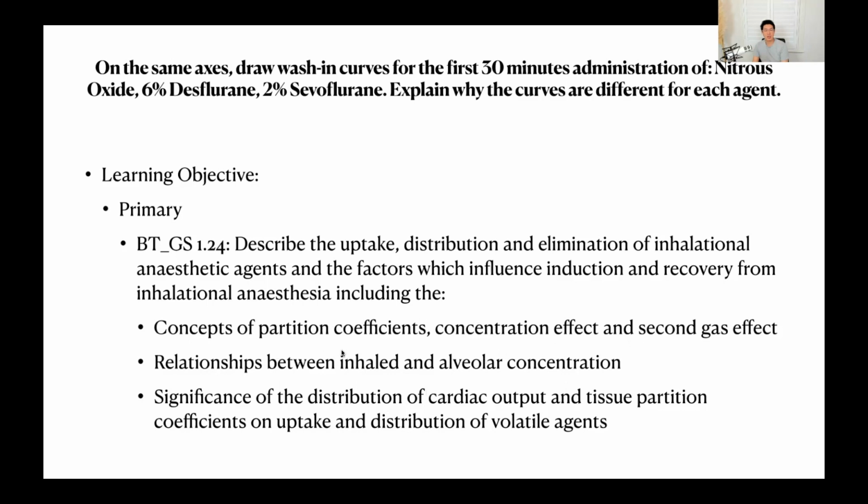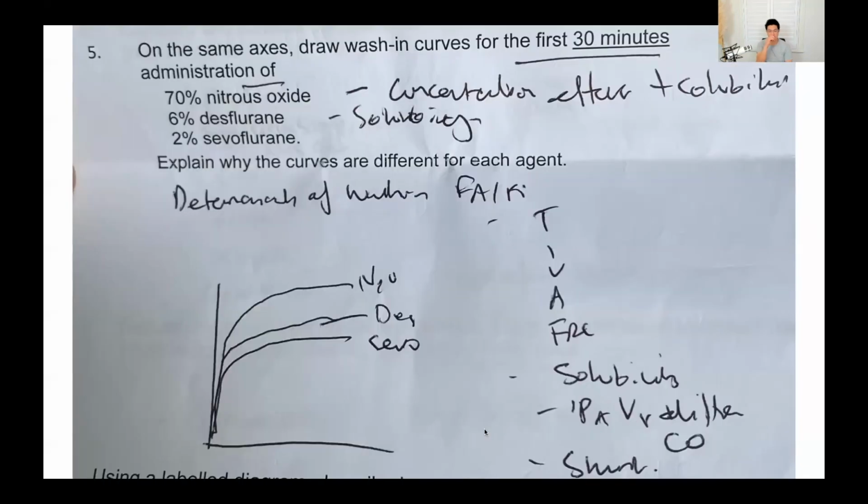And, really good that this learning objective actually tells you about the key concepts that you need to put in your answer. Relationships between inhaled and alveolar concentration and significance of the distribution of cardiac output and tissue partition coefficients on uptake and distribution of volatile agents.